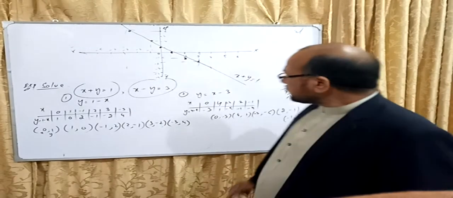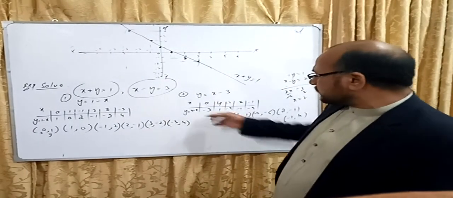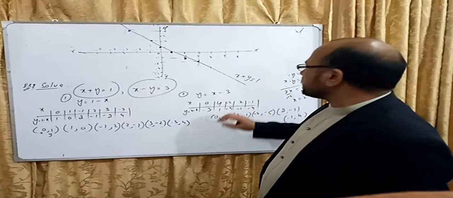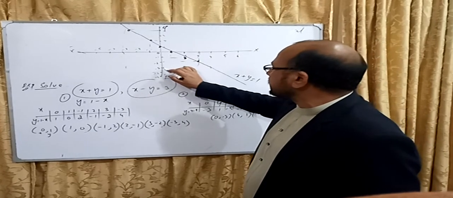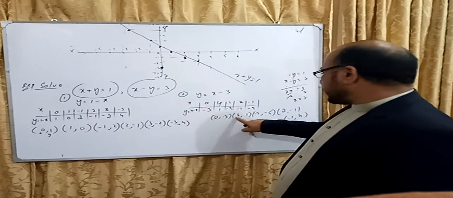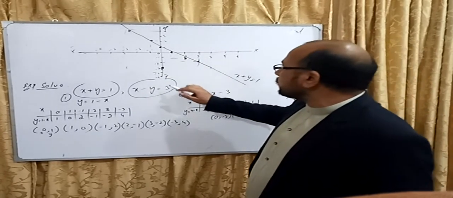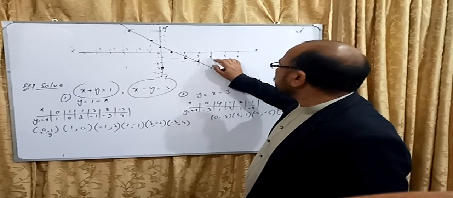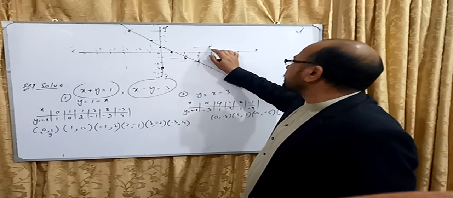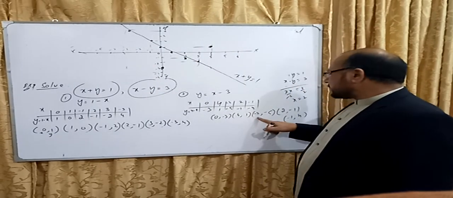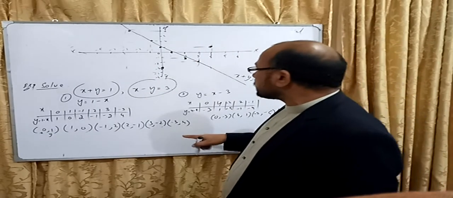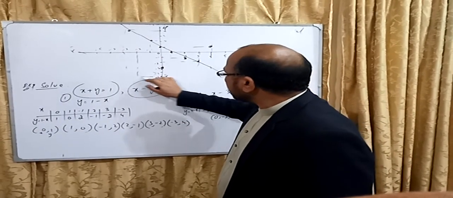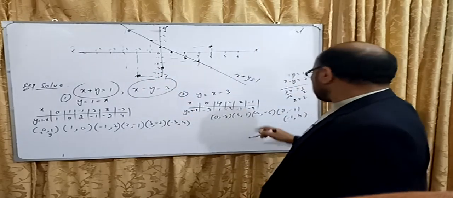After that you will draw the points of the other equation: 0 and minus 3, x0 and y minus 3, this is the first point. Then 4 and 1, x4 and y1, here we have another point. Then minus 2 and minus 5, x minus 2 and y minus 5, this is the third point.